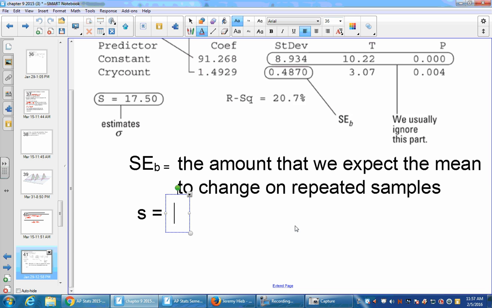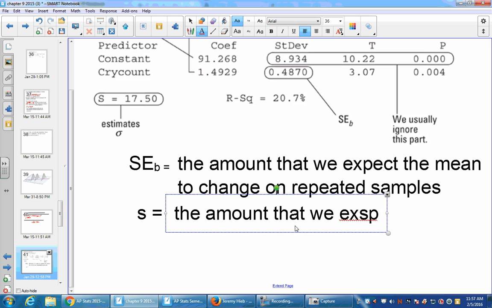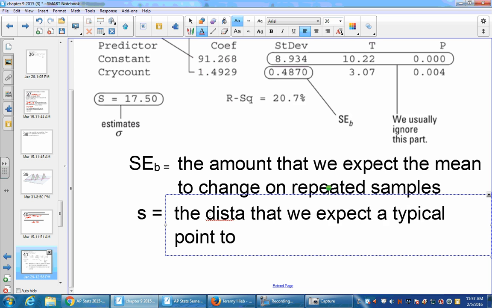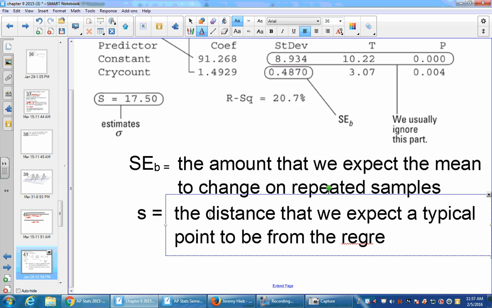Now the s tells us how far we expect a point to be away from our regression line. This is the distance that we expect a typical point to be from the regression line.